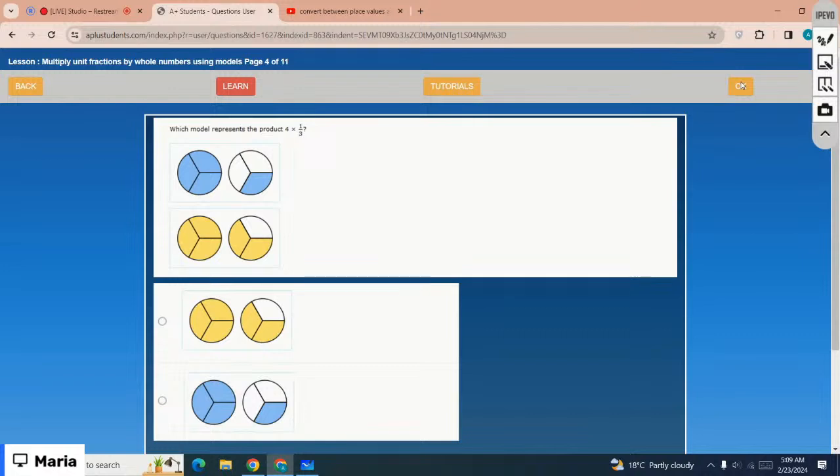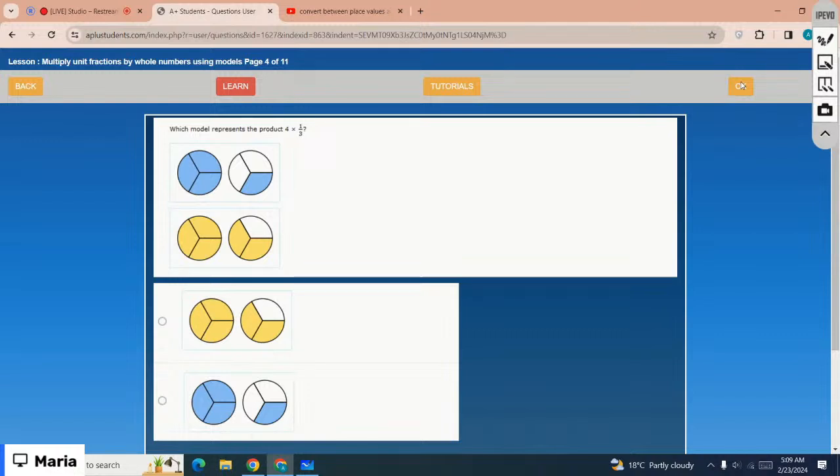Which model represents the product 4 times 1 over 3? So which is the correct option? 4 out of 3, right?